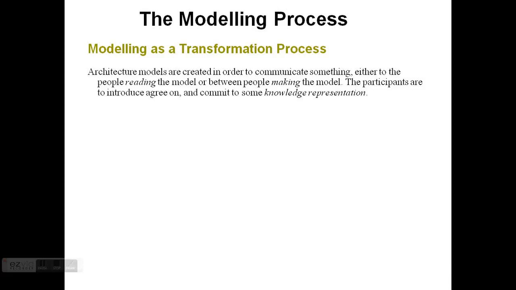Architecture models are created in order to communicate something. Therefore, the model that is the result of the modeling process is not the ultimate goal and not even the only product of the process. The knowledge, agreement, and commitments in the minds of the people involved are as important as the artifact itself, if not more important.